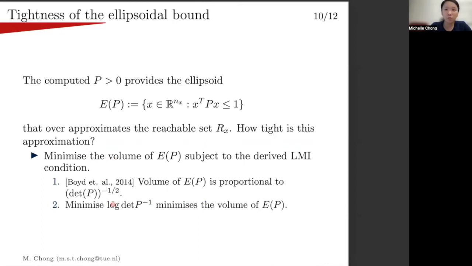This can be further formulated as an LMI to be solved in conjunction with the previous set of LMI conditions, such that we get a minimized ellipsoid, a tighter ellipsoidal bound. Details on this can be found in our paper.